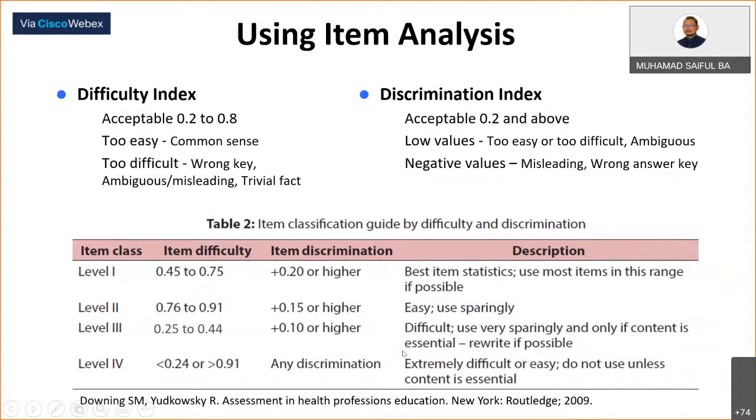So usually this is considered as difficult questions, and definitely you need to use them sparingly as well, similar to level 2. But level 4 is something that you need to avoid, and you need to revise, or maybe create a new question if this happens. For example, here, either it's less than 0.24 or more than 0.91, and no discrimination, or any discrimination other than above.